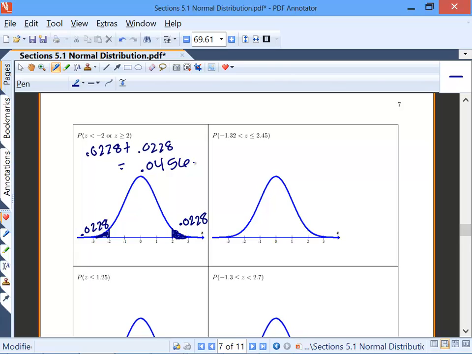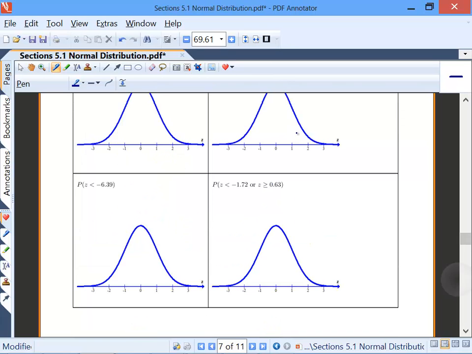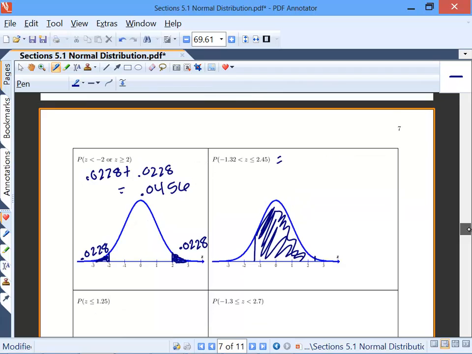For my next problem, I want the probability that z is between negative 1.32 and 2.45. Okay. Again, what do I need to do? Subtract those two probabilities. So it's the probability that x, sorry, I keep writing x's, don't I? These are z's.